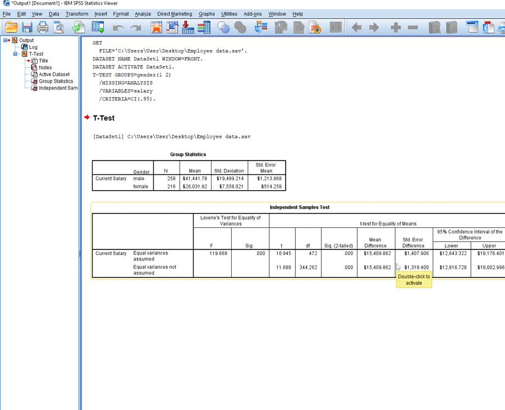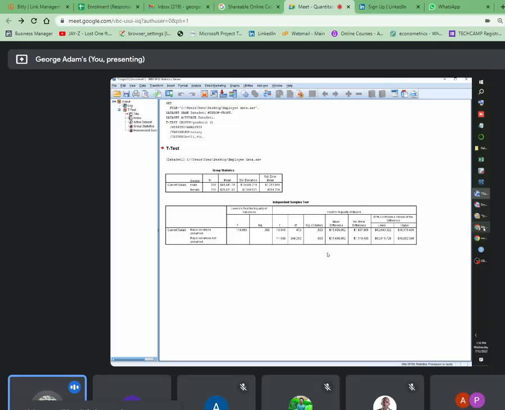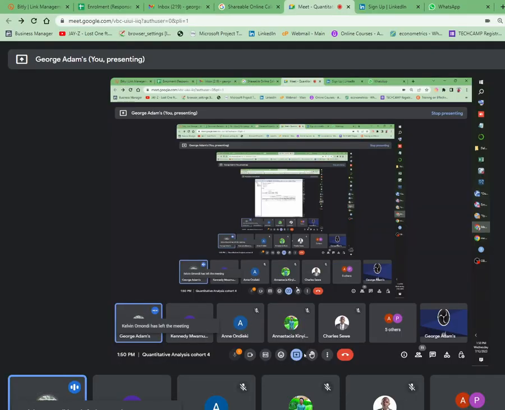We can tell from here it's 50, which is basically $44,000 minus $26,000. So that is the difference which we are telling is significant.